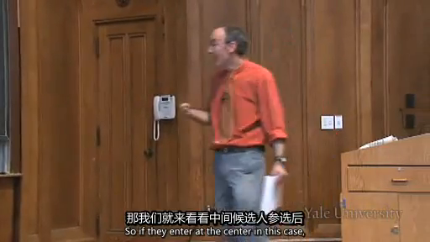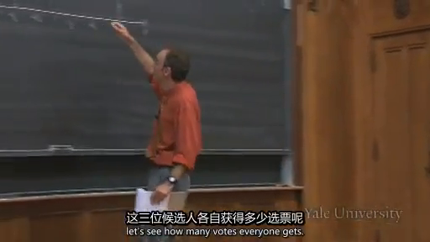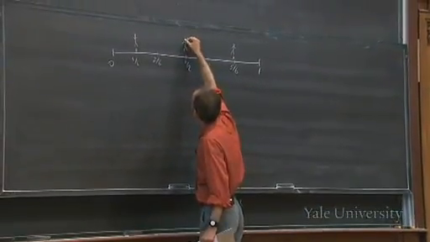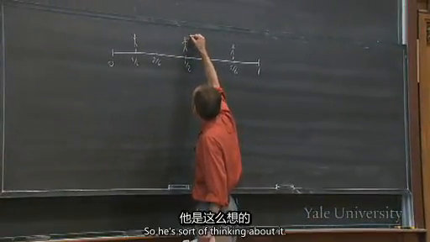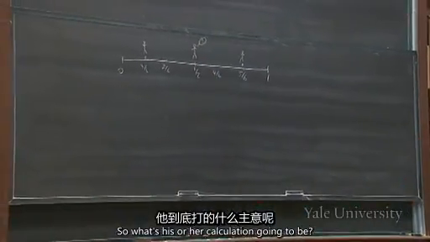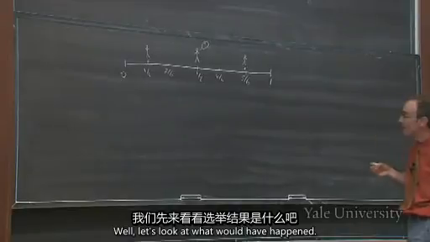All right? So if they enter at the center in this case, let's see how many votes everyone gets. So we enter at the center here. Here's our new candidate who's thinking about entering at the center. What's his or her calculation going to be? Well, let's look at what would have happened.